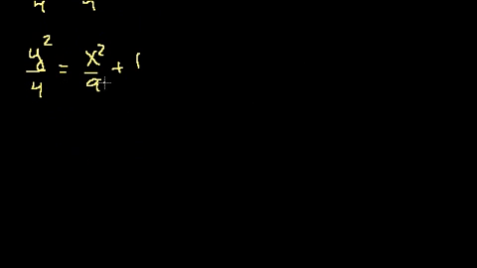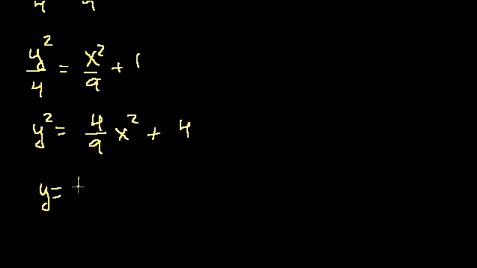Now I can multiply both sides by 4, and you get y squared is equal to 4 over 9 times x squared plus 4. Right? Distribute the 4. Take the positive and negative square root of both sides. y is equal to plus or minus the square root of 4 over 9 x squared plus 4.